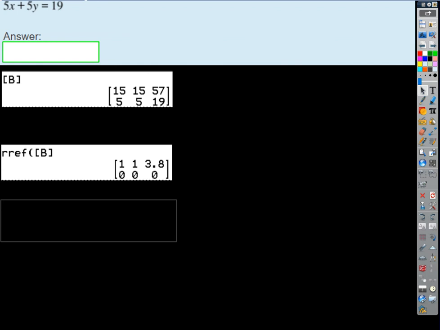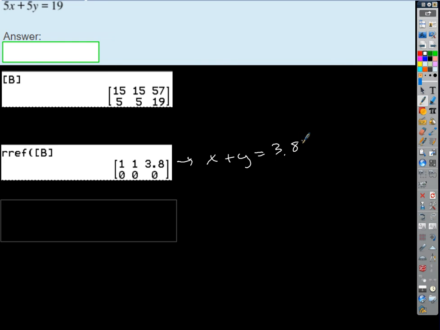Okay. Now let's interpret this, because this doesn't look like the solution we got last time. Think what the math gods are telling us in that first row right there. What's that saying? That's the coefficient of x, so we get 1x plus 1y equals 3.8.